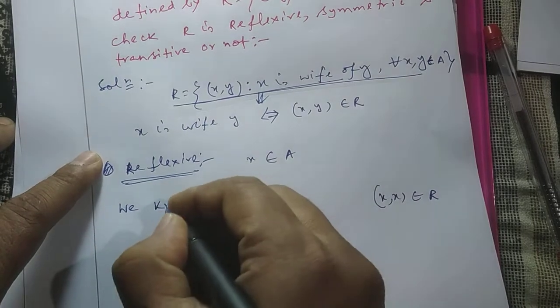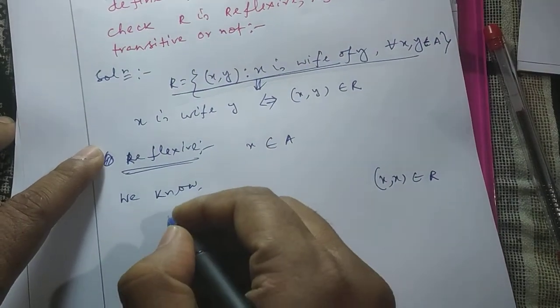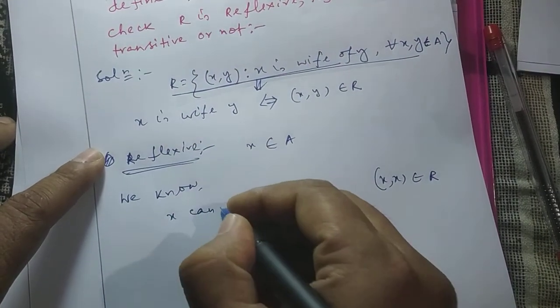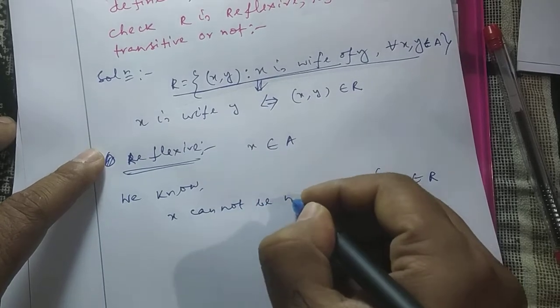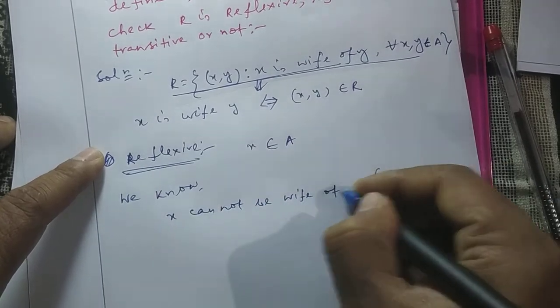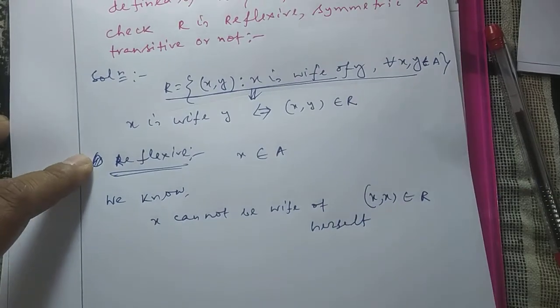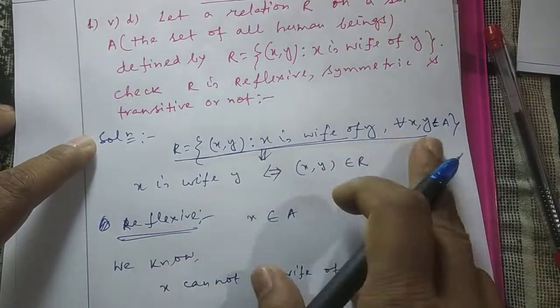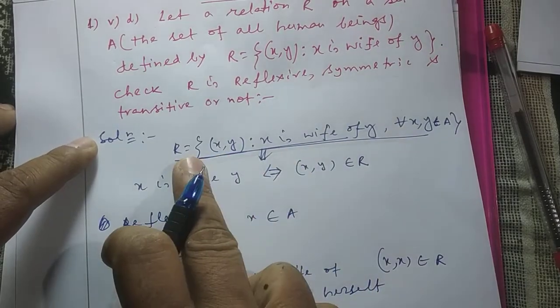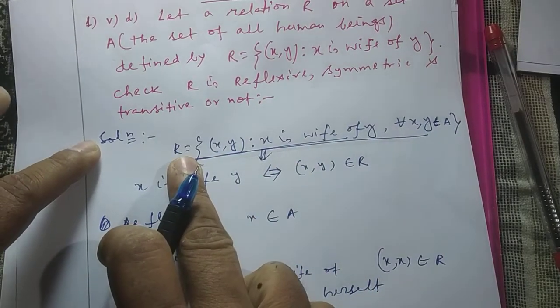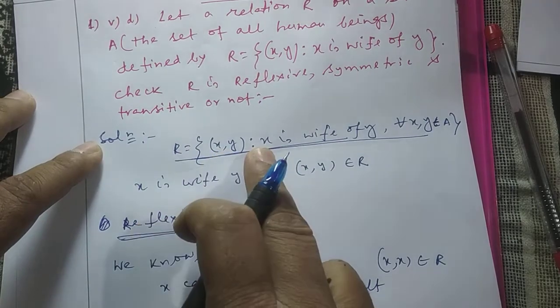We know x cannot be wife of herself. Now first let us understand that. What is the meaning of R here? R is the set of all ordered pairs of the form (x, y).